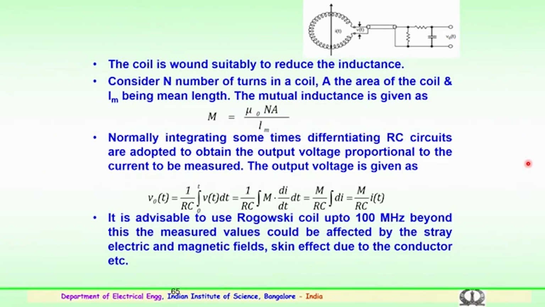The output voltage is given as V naught of t equal to 1 by RC, where R and C are used for measurement, integral of V into dt, which is equivalent to M by RC into the current flowing. It is advisable to use the Rogowski coil up to 100 megahertz. Beyond this, the measured values could be affected by stray electric and magnetic fields or the skin effect due to the conductor.